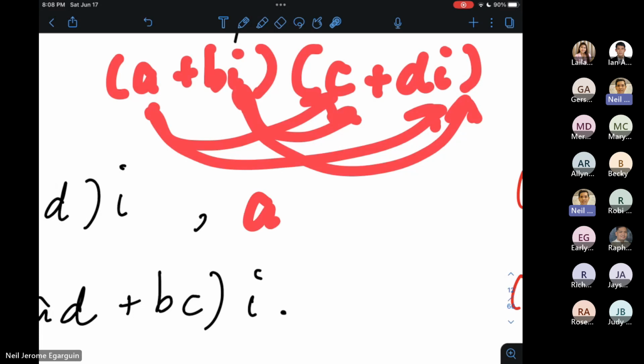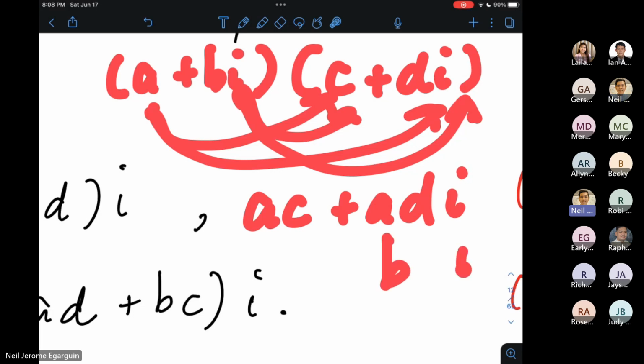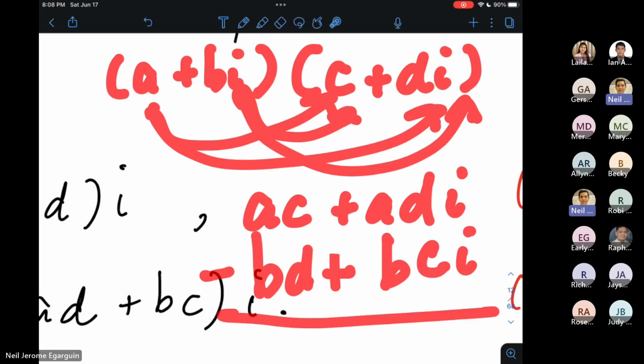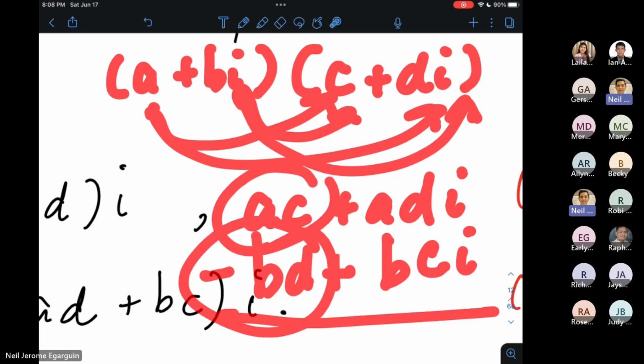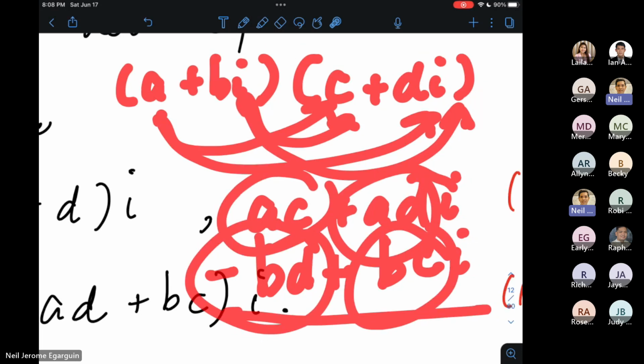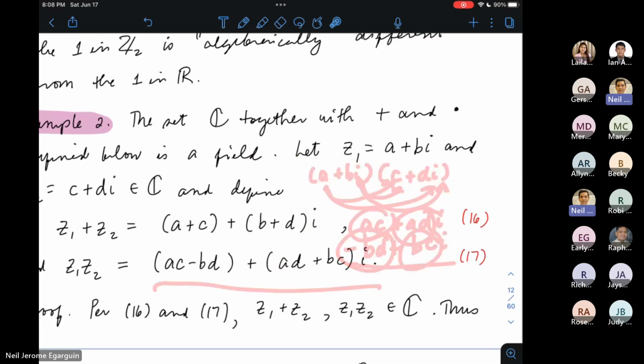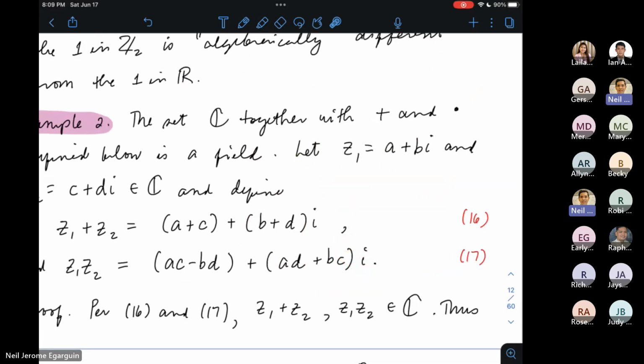So magkakaroon ng AC plus ADI, tapos BIC plus BD, pero magkakaroon ka ng I squared, so negative 1 yun. So magkakaroon ka ng AC minus BD plus AD plus BC, and that's how we got this formula over here. Okay, so FOIL method lang siya. Ginamit lang din yung property na I times I ay equal kay negative 1.